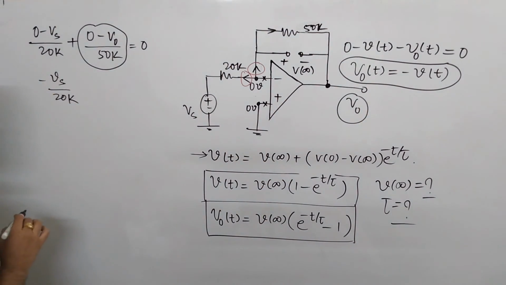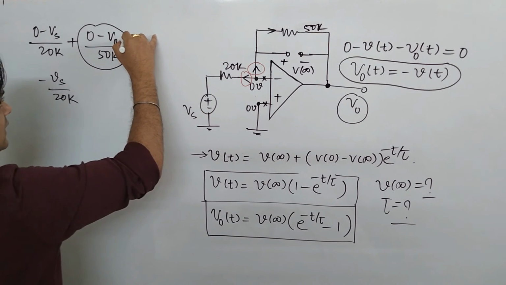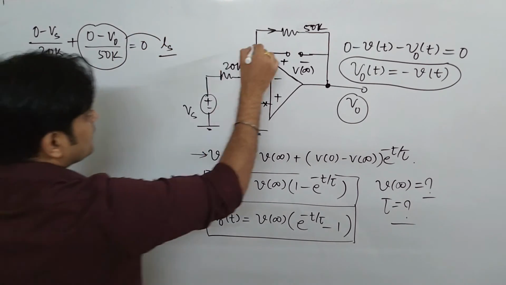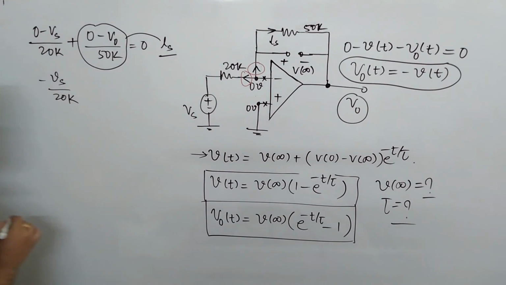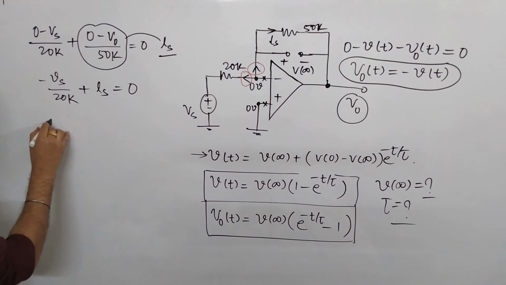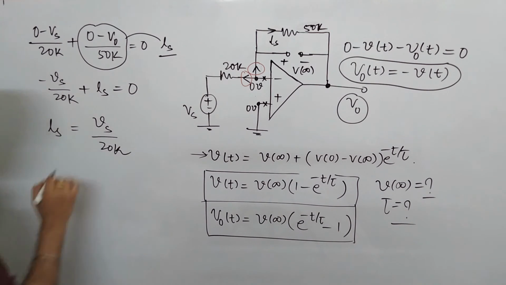So (0 minus V naught) upon 50K is the current which is flowing in this manner. Let this current be Is. So here I can directly write Is, that is equal to 0. So from here you can say that the value of Is is Vs upon 20K.